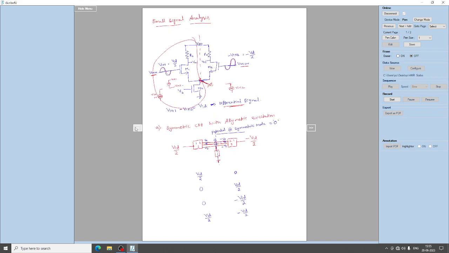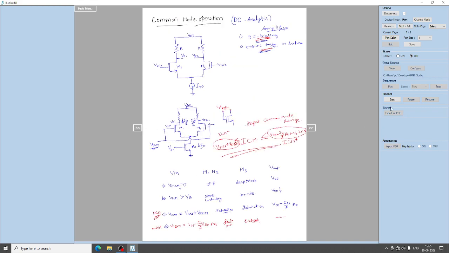By this, we have analyzed the common mode operation, that is the DC analysis. We can also analyze this with respect to the graph, considering the maximum and minimum values.